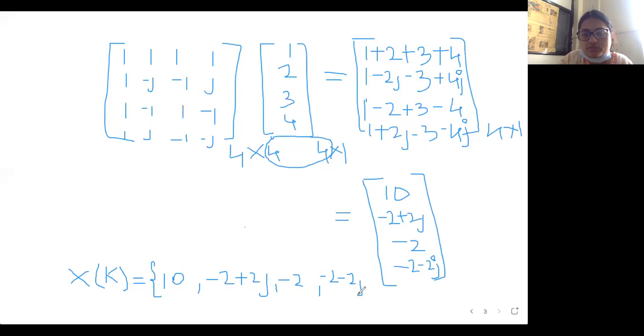Here we have calculated the DFT by using linear transformation.